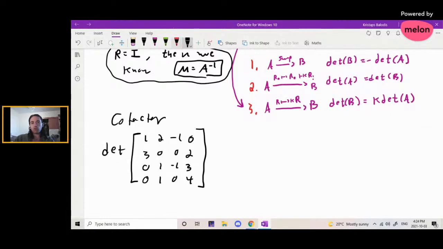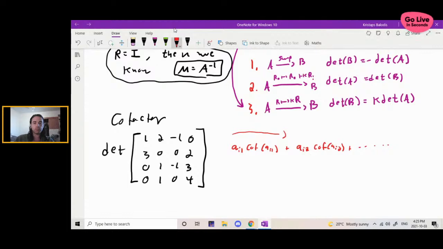So again, because of cofactor expansion, remember, we choose a row and proceed along the entries of that row, and each of the cofactors is multiplied by the elements of that row. So if we picked the ith row, we have ai1 times the cofactor of ai1 plus ai2 times the cofactor of ai2 plus and so on.